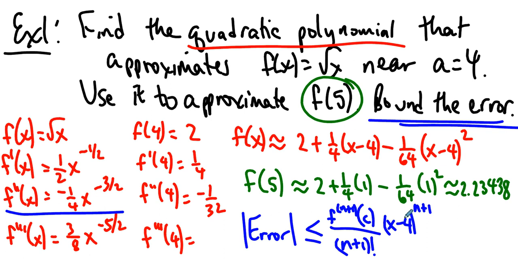Now in our case, we stopped at n equals 2, so n plus 1 factorial is 3 factorial, and n plus 1 is 3, and we know what x is, right? x is 5, so 5 minus 4 is 1.